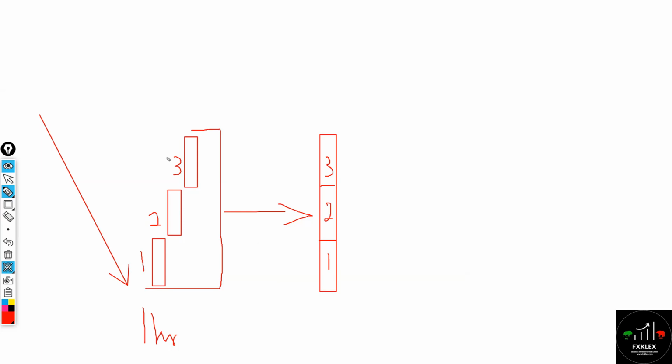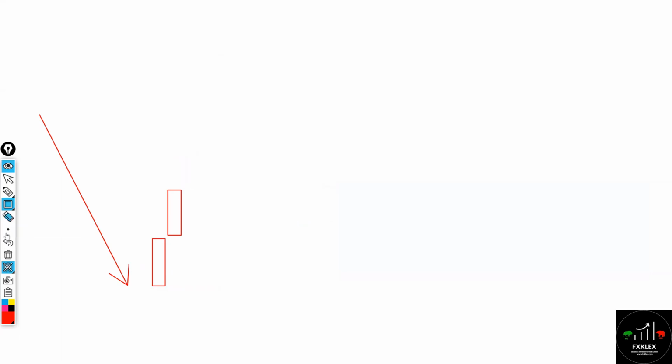Whenever you see this on your trading chart, price has a high tendency to make a bullish move to the upside, another formation of a bullish movement upward. So this is what we call the three white soldiers.